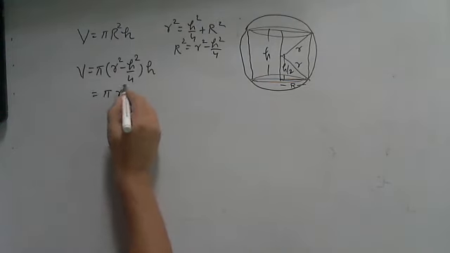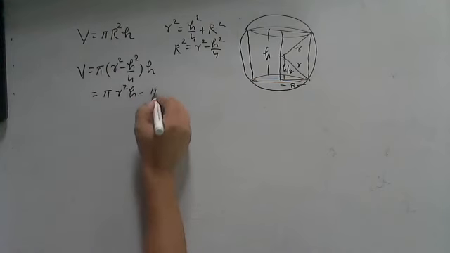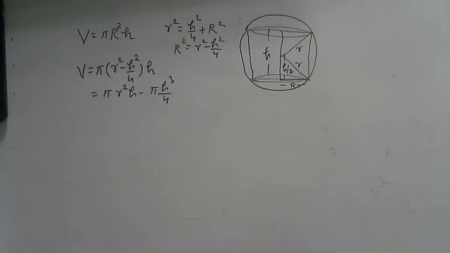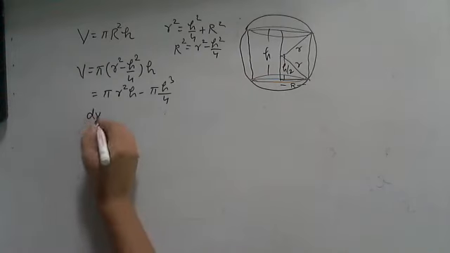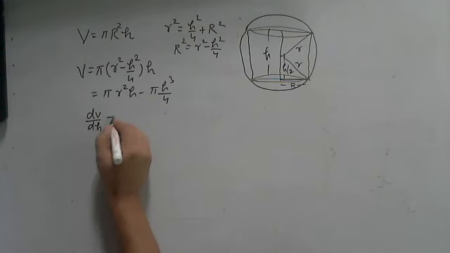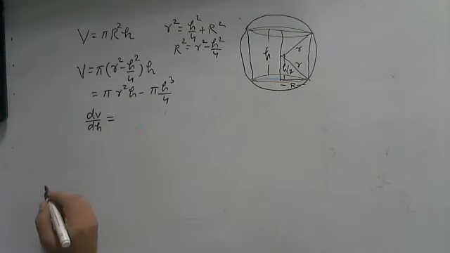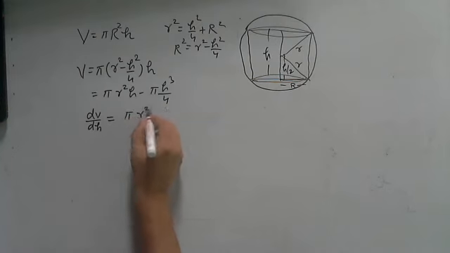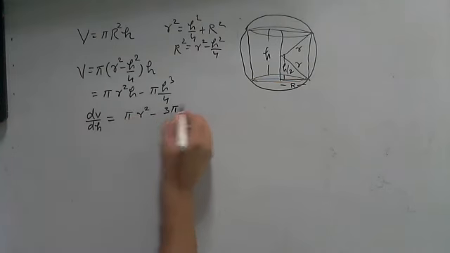Now solve it a little bit: pi R square h minus pi h cube upon 4. Now we all know for maximum or minimum value of a function, its derivative must be 0. So differentiate it with respect to h, dV by dh. It gives you dV by dh as pi R square minus 3 pi h square upon 4.